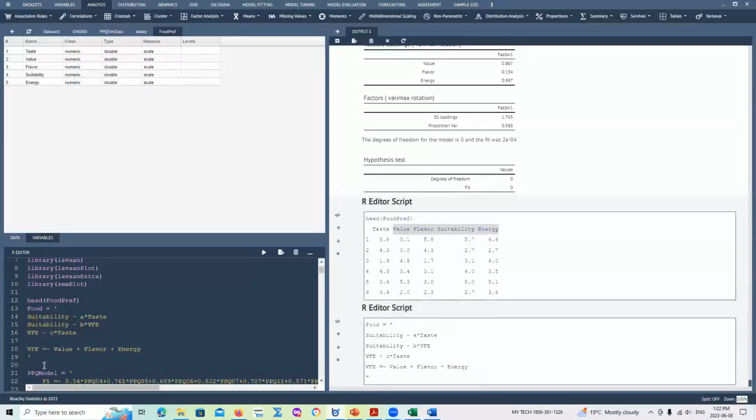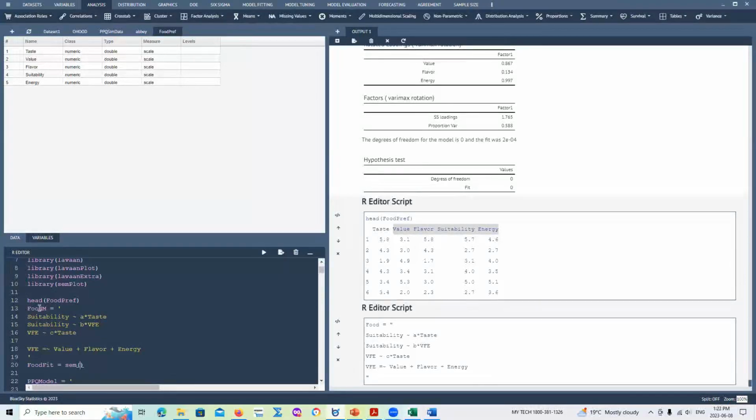Now we fit our model. So I'll just say food. Let me say food M for the model. And then this one I say food fit, so I will know this is a fitted model. Equals to SEM. Then we take what?